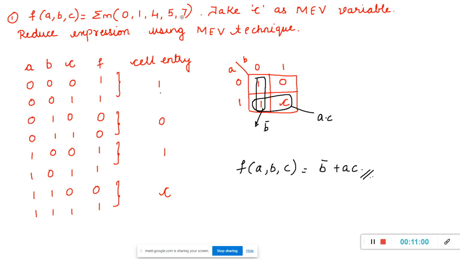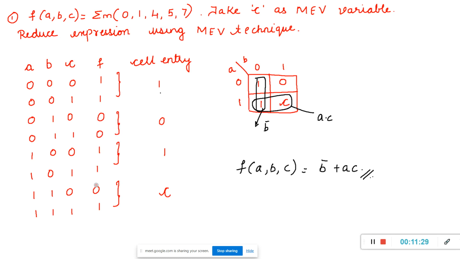See the function, 0 is there, so it is 1. Next 1 is there, so it is 1. Next 2 is not there, so 0. Next 3 is not there, so 0. 4 is there, yes, so it is 1. Next 5 is there, so it is 1.